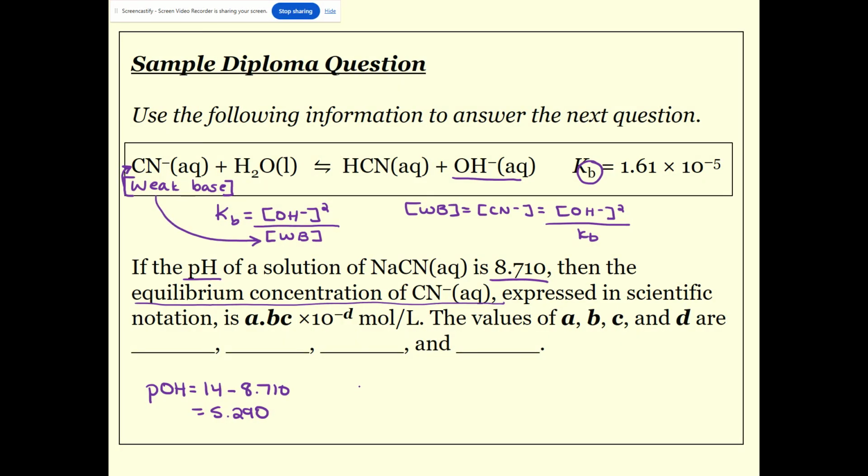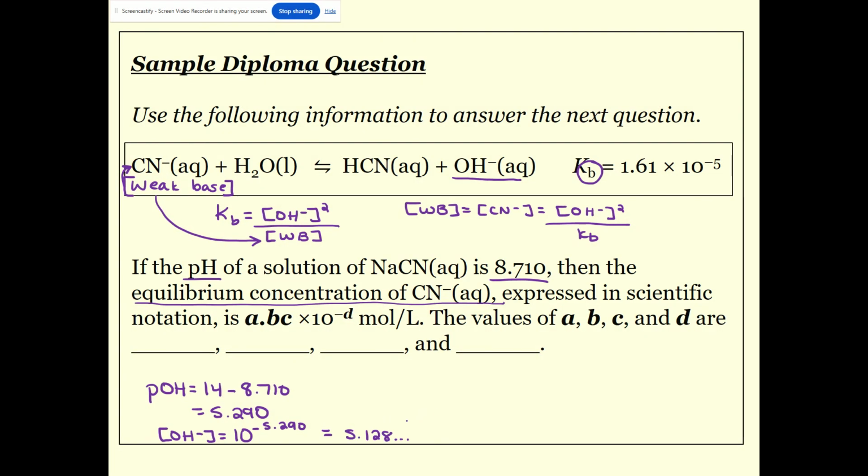Now I can find the concentration of my hydroxide ion with the formula 10 to the negative pOH, which was 5.290. Remember though, do not round that answer. Especially with these pH calculations, if you round early, it really affects your results.